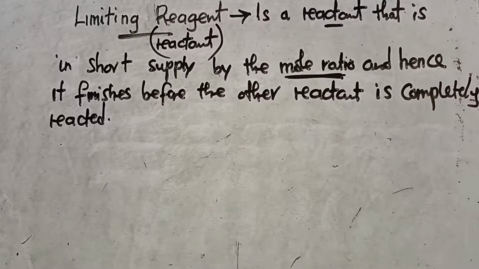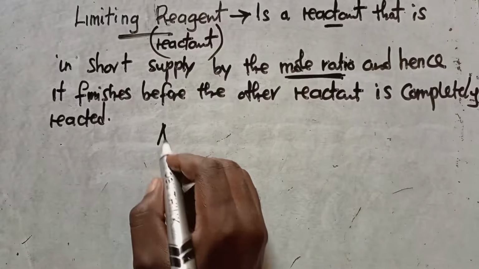It is important to identify a limiting reagent. And if we want to identify the limiting reagent, we use a balanced chemical equation and the mole ratios of the reactants. So this is an equation like this.